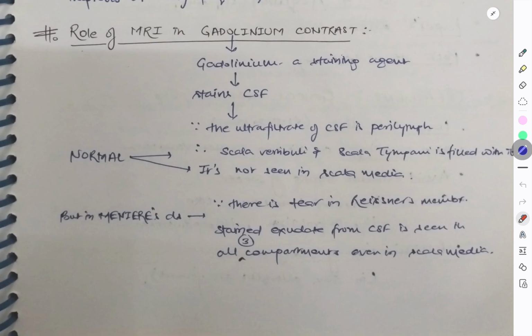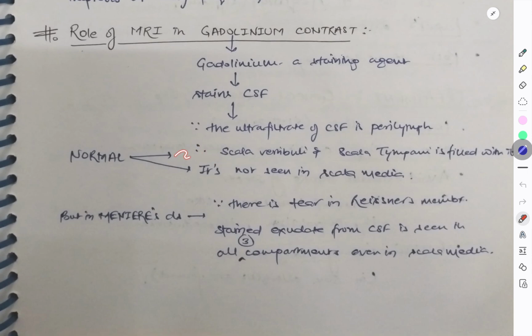So I have already told you that perilymph is an ultrafiltrate of CSF, and this gadolinium stains CSF. So now you can imagine perilymph is an ultrafiltrate of CSF and gadolinium can stain CSF, so it can stain perilymph also.